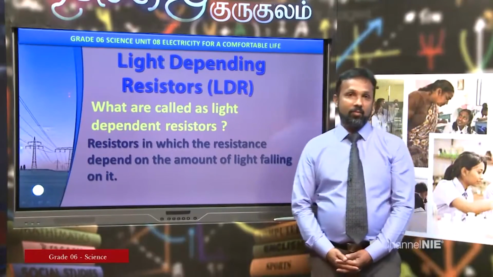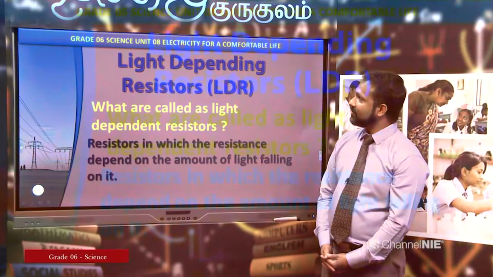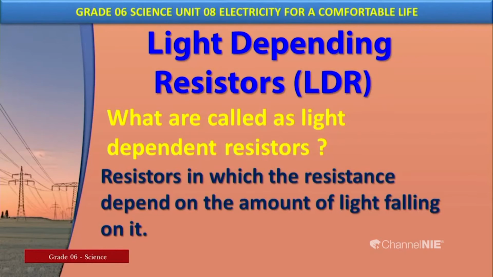Let's move to the next lesson, light dependent resistors, or we call this LDR. What are called light dependent resistors? Let's learn more information. You watched LDR, but we can study more information about LDR.